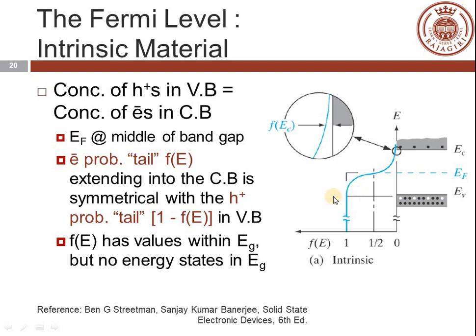So these two values, that is f of EC and 1 minus f of EV, that is the electron probability tail and hole probability tail, should be symmetrical. And if we consider the values of f of E, within this energy gap f of E is changing and having some values, but there are no energy states available within the gap. That means there is no occupancy of electrons or holes inside the energy gap.